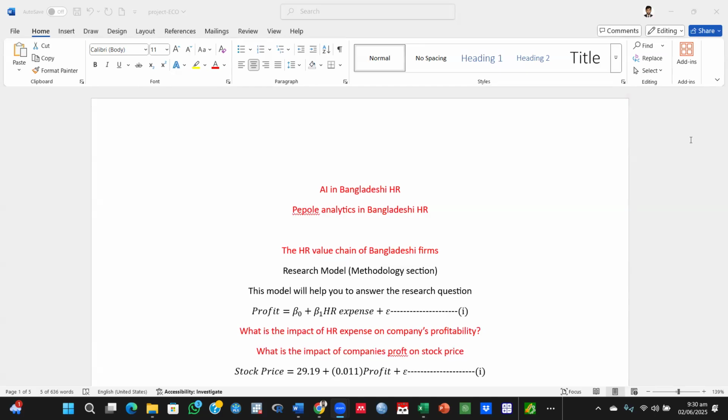Here we have explained the value chain in two different perspectives. One, impact of HR investment on companies' profit. Another is profit's impact on the stock price. But if you use other variables, you have to explain those variables later in your variables section because the guidelines were given in your classroom.